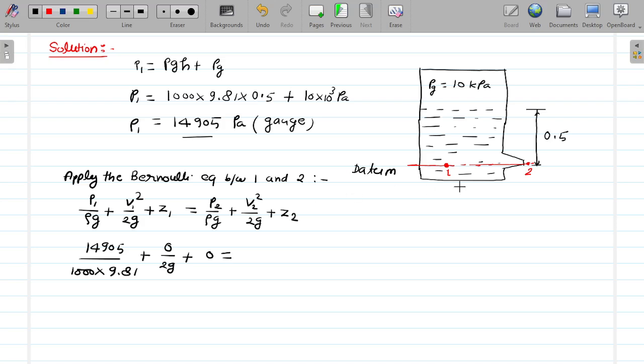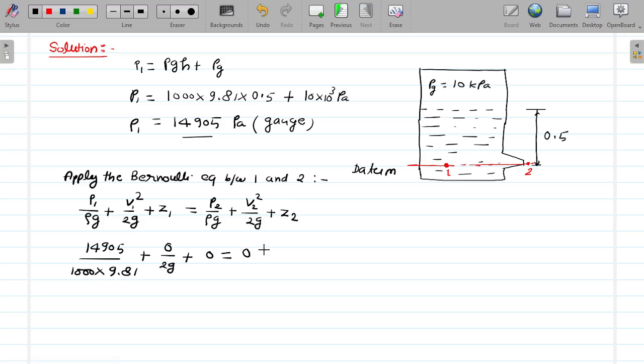Again, point 2 is just outside the nozzle, so here only atmospheric pressure will be there and there will be no gauge pressure. Because pressure P1 is gauge pressure, P2 will also be gauge pressure. So here gauge pressure is 0, only atmospheric pressure is there.